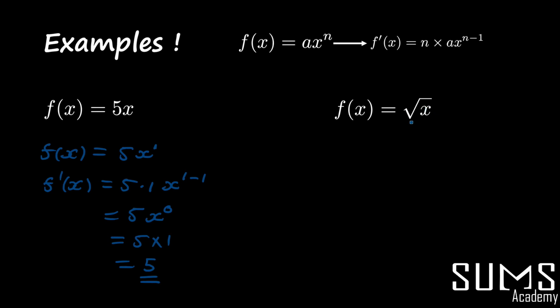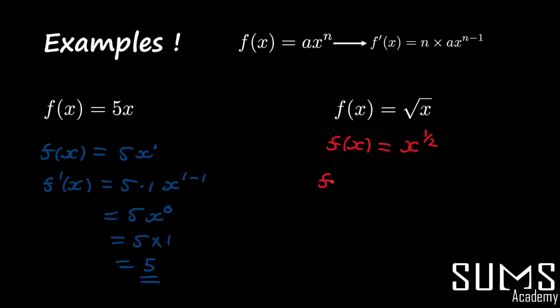But what about this one here? So we've got a square root. So we have f of x equals square root of x. So another way of writing the square root is to put it as x to the power of 1 over 2. So what if we want to differentiate this?